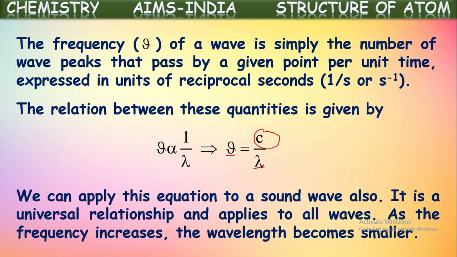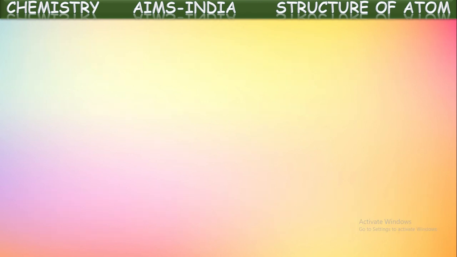This can be applied to all types of waves which have wavelength and frequency. As the frequency increases, wavelength becomes smaller, since frequency and wavelength are inversely proportional. If frequency increases, wavelength decreases, and vice versa. So this relation can be applied for all kinds of waves.